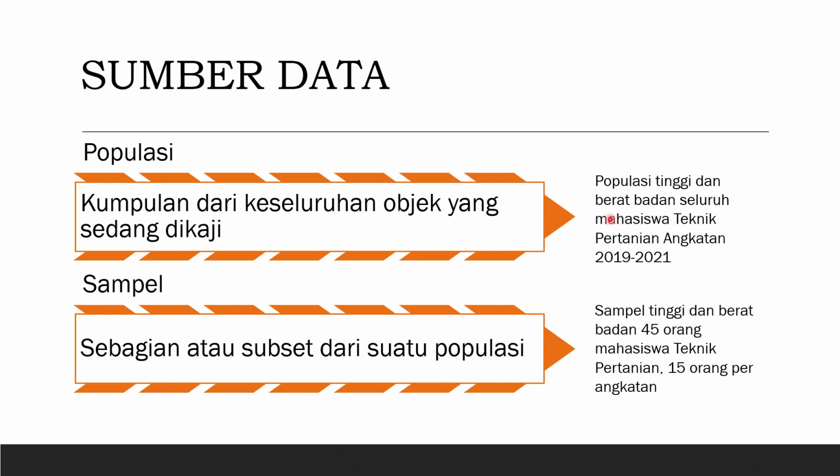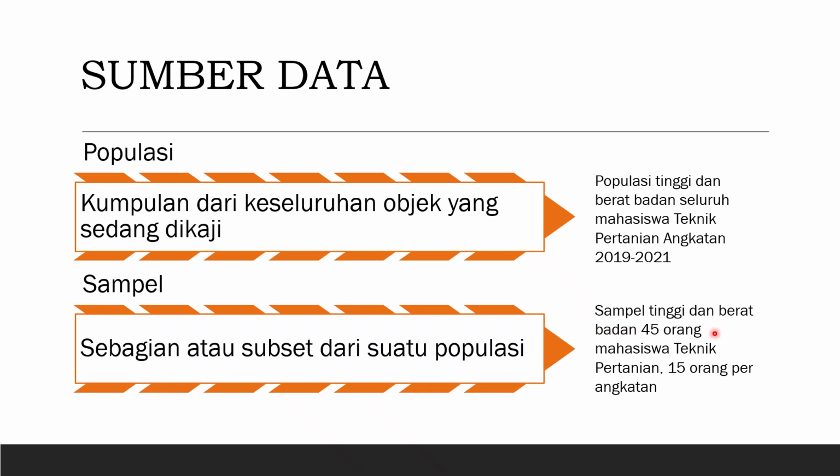For example, you can say that the population of your study, for the height and the body weight of students in the agricultural engineering department from 2019 to 2021, altogether could be about 240 students. And in case you cannot reach the whole population, you can do a simple way and take some samples from your population.